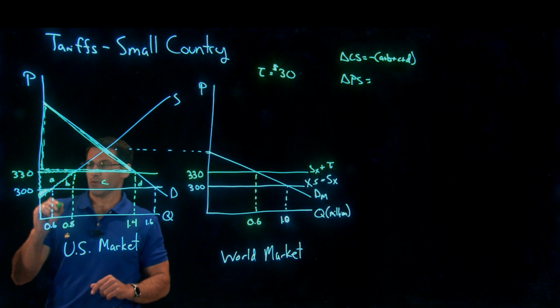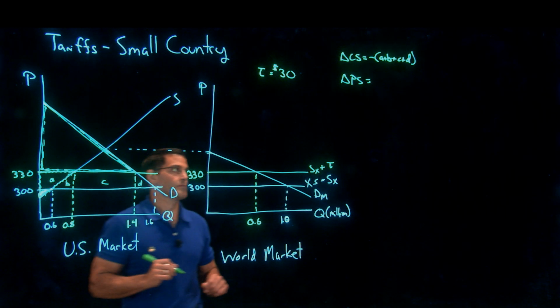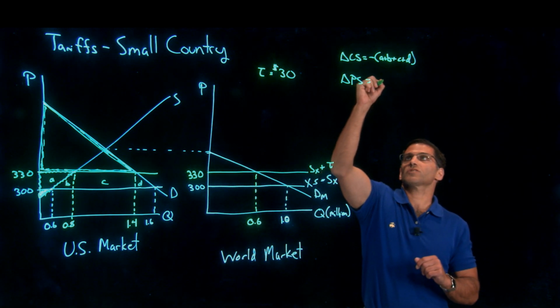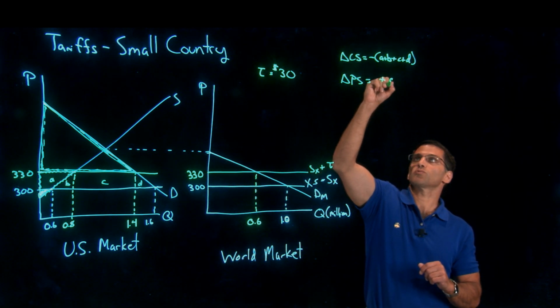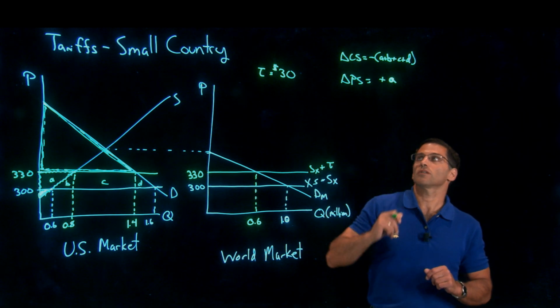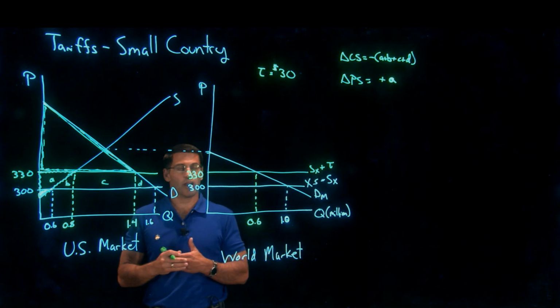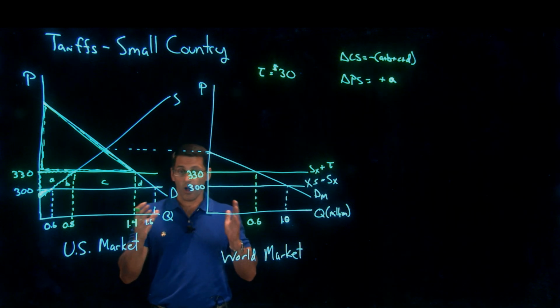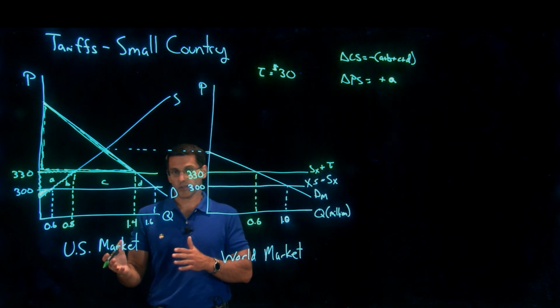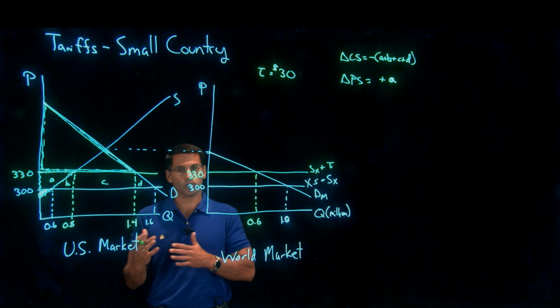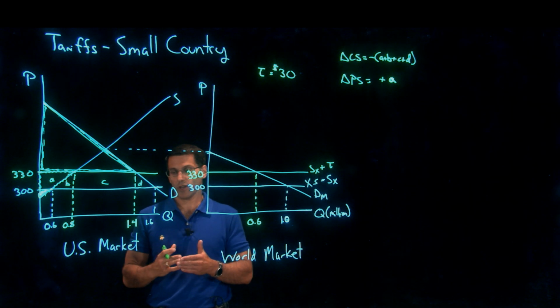So they gain A. A is really just a transfer of surplus from consumers to producers. So we're making consumers worse off and producers better off as a result of this tariff. In terms of the overall surplus in the U.S. market, in the U.S. economy, it's a wash. It's a transfer from one group to another.